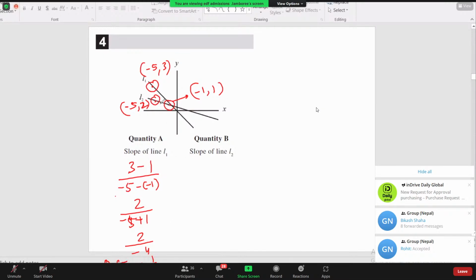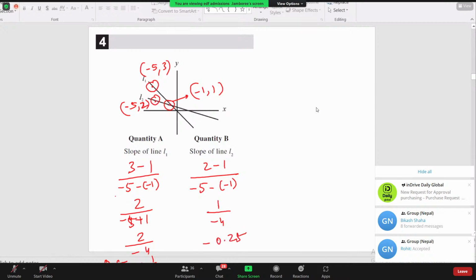And the slope of the line L2 will be y2 minus y1. So let's take it as 2 minus 1 divided by x2 minus x1. So that will be minus 5 minus of minus 1. So this will make it 2 minus 1, which is 1, divided by minus 4. So this will be minus 0.25.